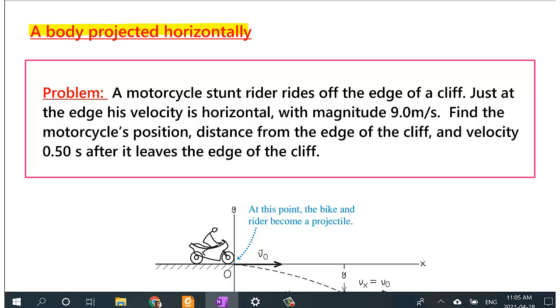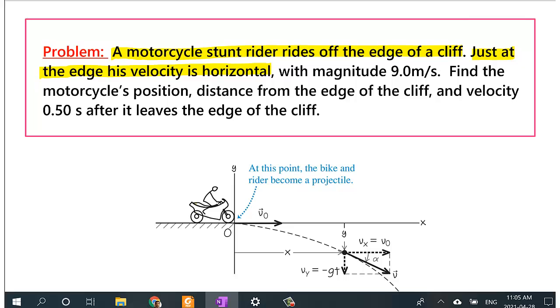So the problem says a stunt rider on a motorcycle rides off the edge of a cliff. Just at the edge, his velocity is horizontal. So this is the motorcycle rider, and when he just leaves the cliff, his velocity is in the horizontal direction with a magnitude of 9 meters per second.